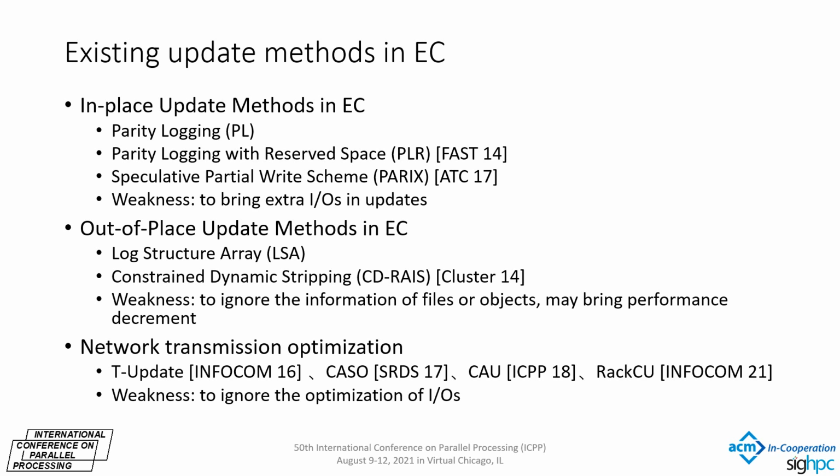Out-of-place update methods include log-structured array and constraint dynamic striping, but they ignore the information of files or objects, which may bring performance degradation. Some methods focus on network transmission optimization, such as T-Update, Castle, CAU, and RACU, but they ignore the optimization of IOs.